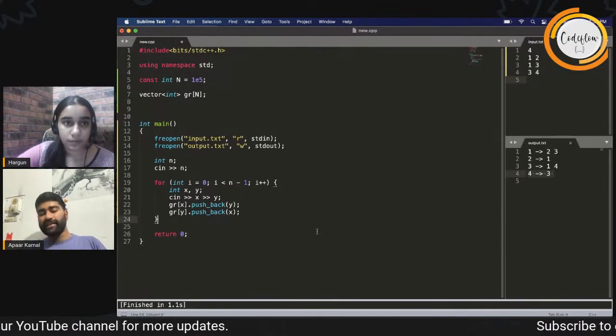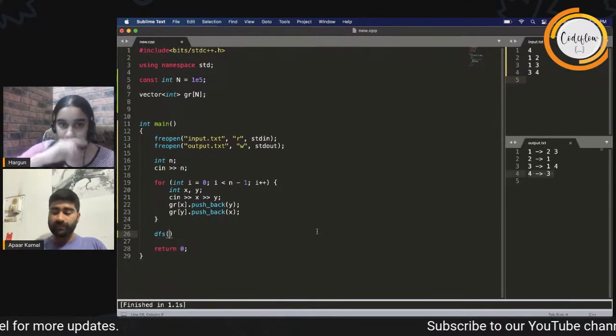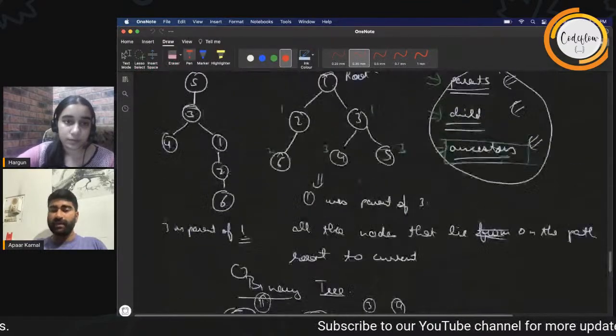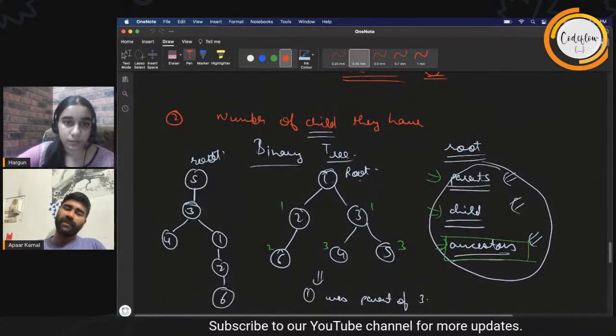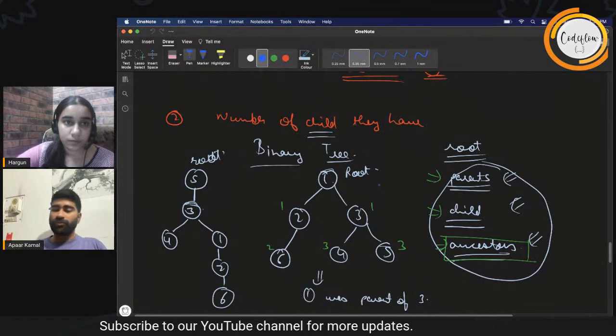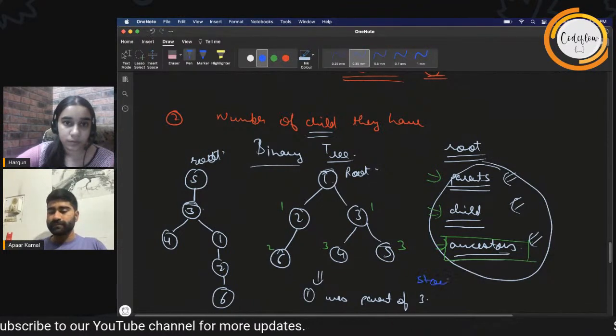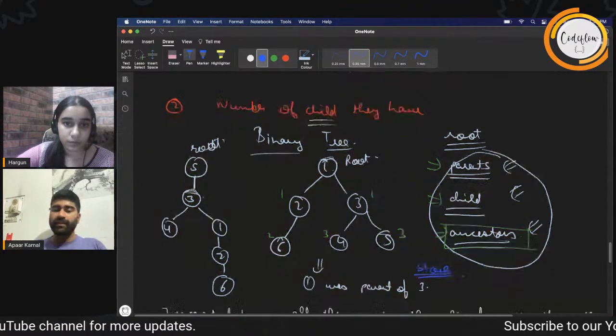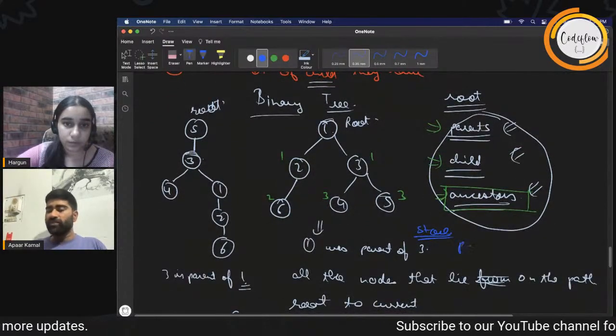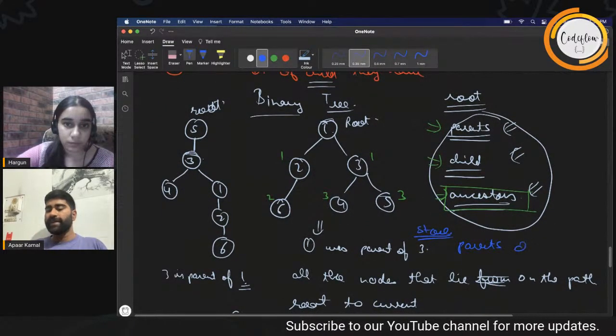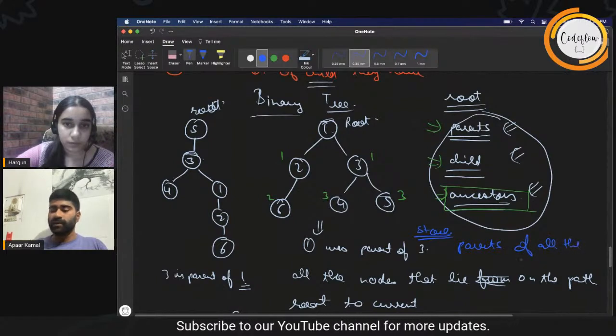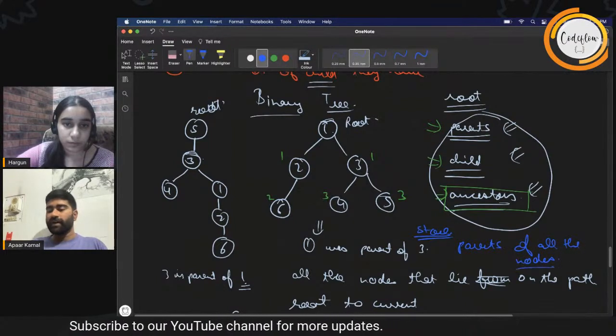So guys, there's a traversal called DFS. So let's perform a DFS, right? And as I explained above, we will store the parents of all the nodes, right?